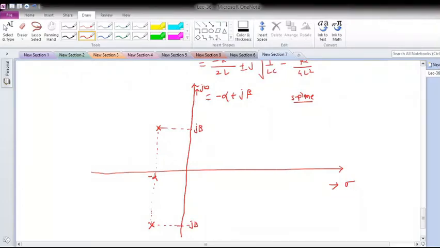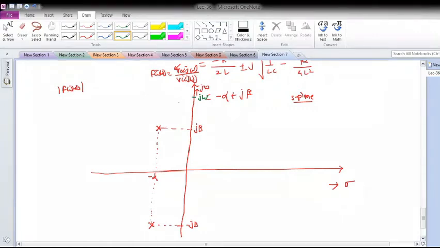Now I would like to find out this voltage ratio transfer function. Let me call it F of j omega, which is V0 of j omega upon Vi of j omega. Let me calculate the magnitude response of F of j omega at some frequency of interest, say omega.